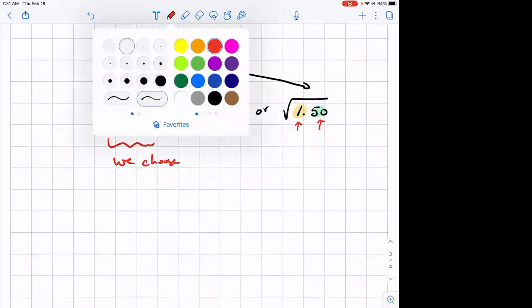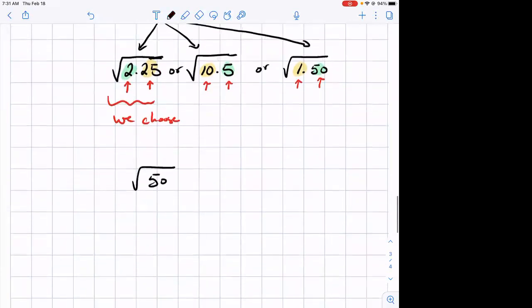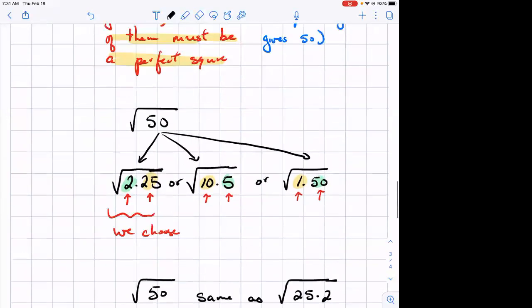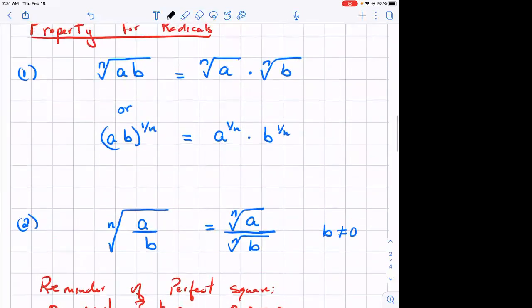So now we have that the square root of 50 is the same as the square root of 25 times 2. And using the property that we have up here, property number 1, if we have this, we can break the square roots up.